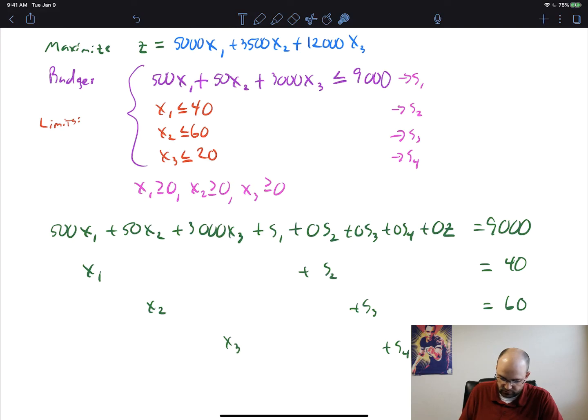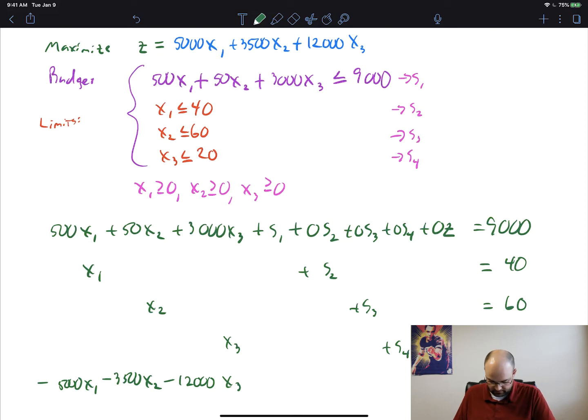And then for the last one, be sure to subtract these to the other side, which will make this negative 5,000 x1 minus 3,500 x2 minus 12,000 x3 plus Z is equal to 0. Whew, awesome.